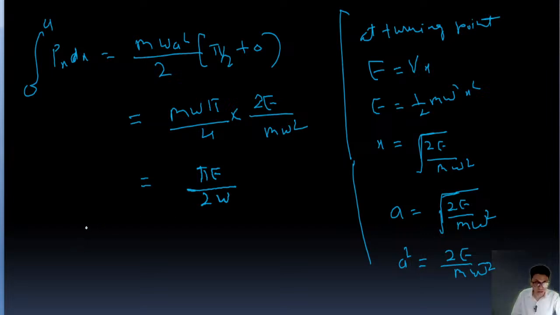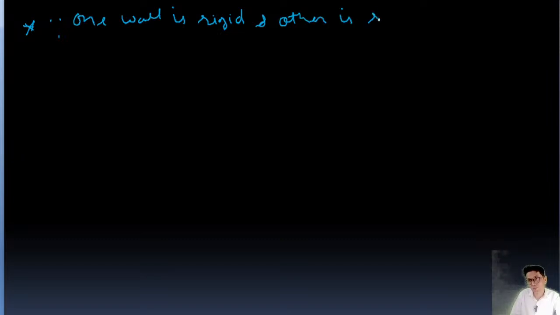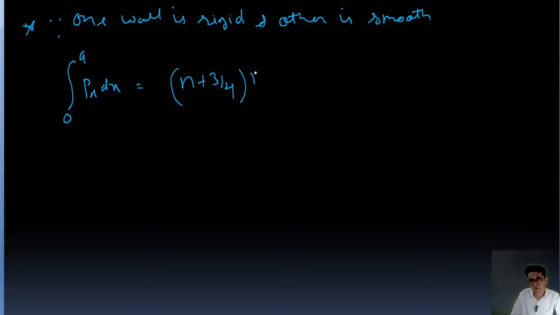Now we can see this: one wall is rigid and the other is smooth, right? Since one wall is rigid and the other is smooth, this implies the integral of px dx from 0 to a is going to be n plus 3 by 4 times pi h cut.